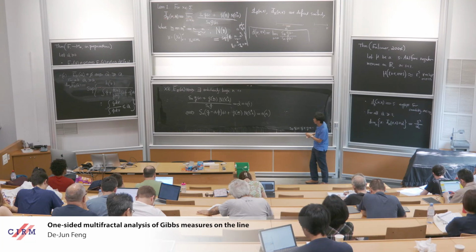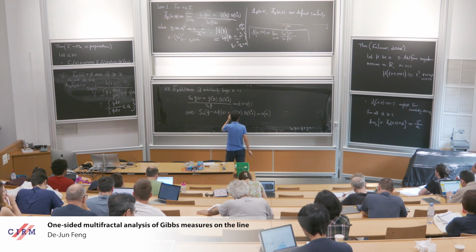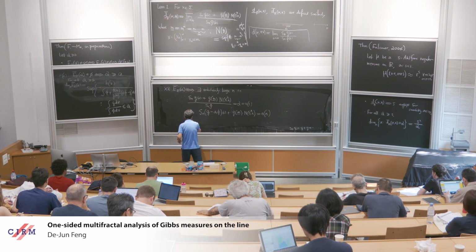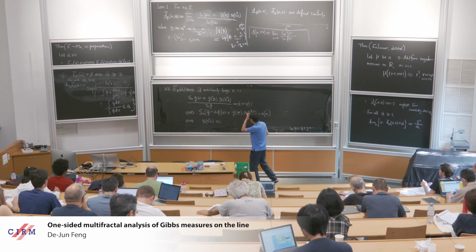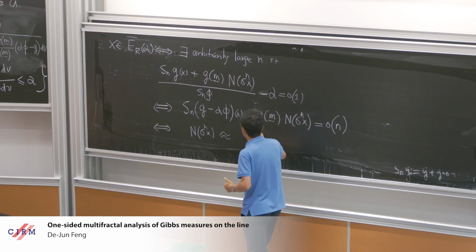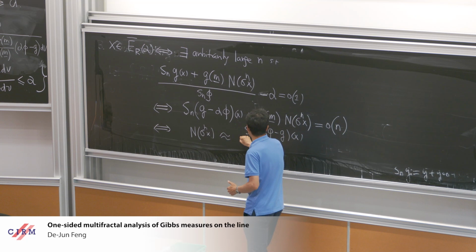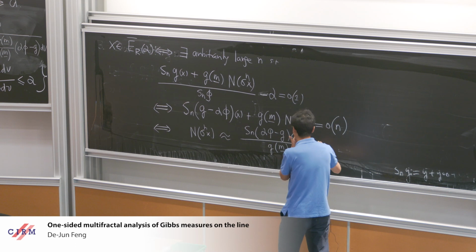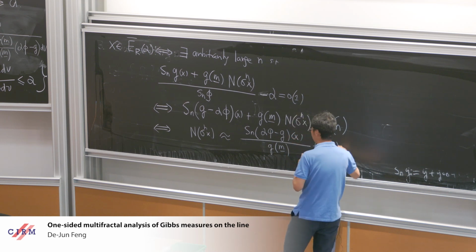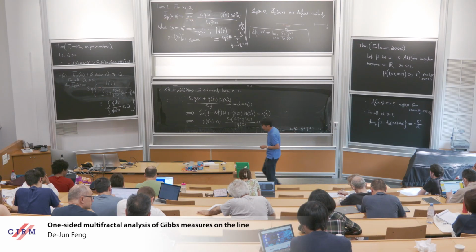So that's very easy to see. This also gives you the information that n sigma^n x is almost equal to S_n (alpha phi minus g)(x) over g(m) plus little o of n, something like that. So that's quite easy to see.